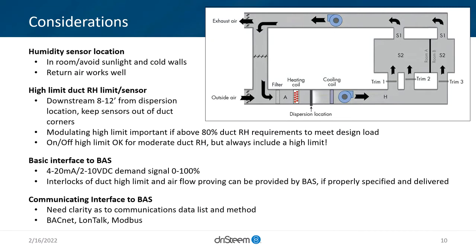We understand that 8 to 12 feet downstream might not be possible, but really the best advice is get it as far down as you possibly can, in a homogeneous mixture of that air, to give a good representation of that value. That's true about switches or modulating high limits, but if we want even more control, the modulating high limit would be one step further than the switch.